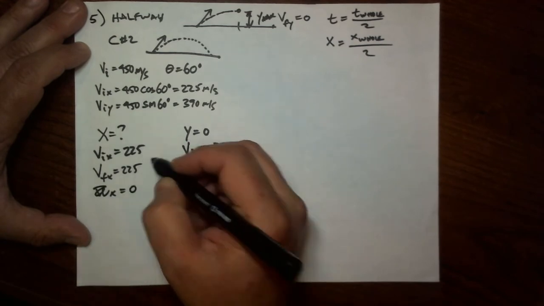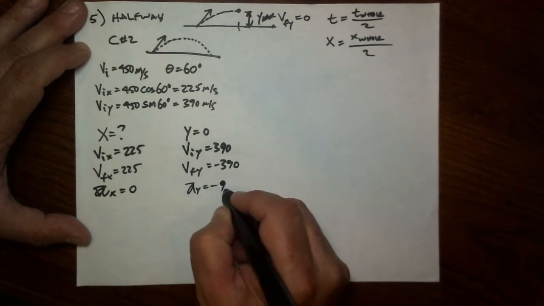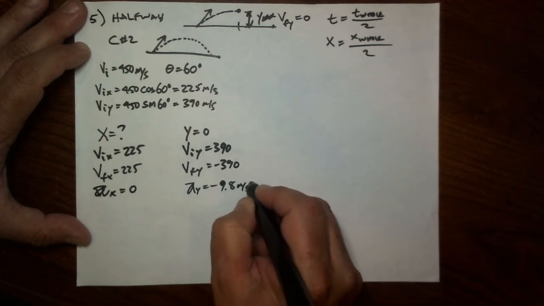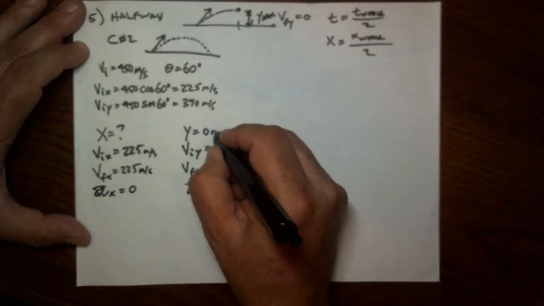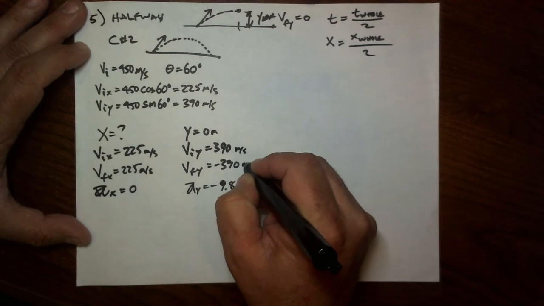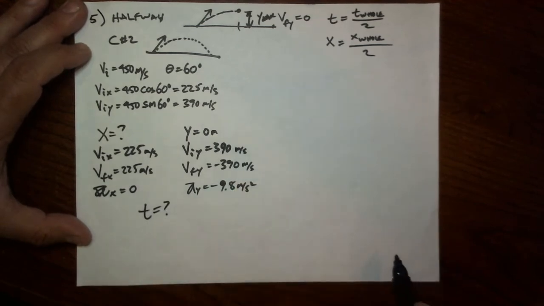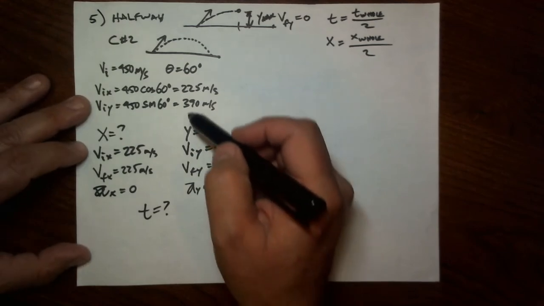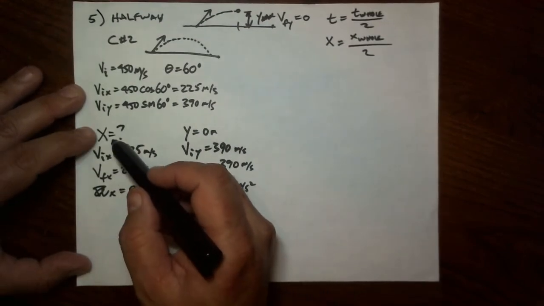That's why these two are equal. And AY will be negative 9.8. Let's put the units in here. There we go. And the time, we don't know. And you already know how to solve the y equation to find the time, and use the time in the x equation to find x.